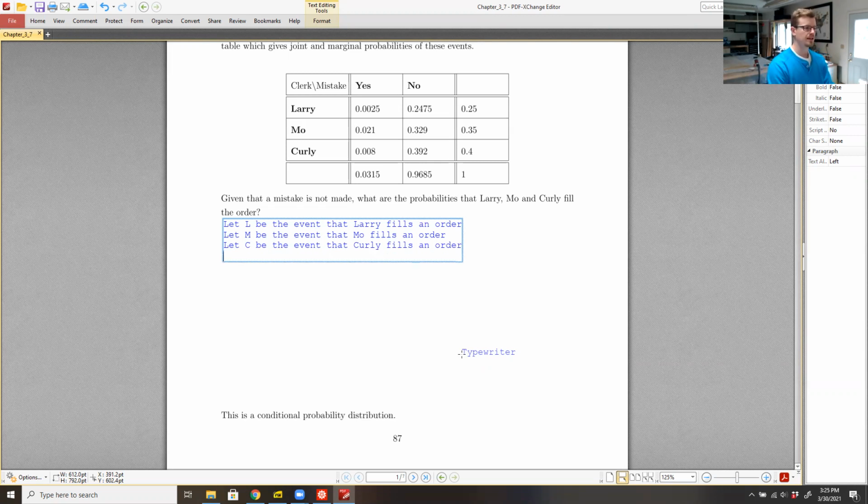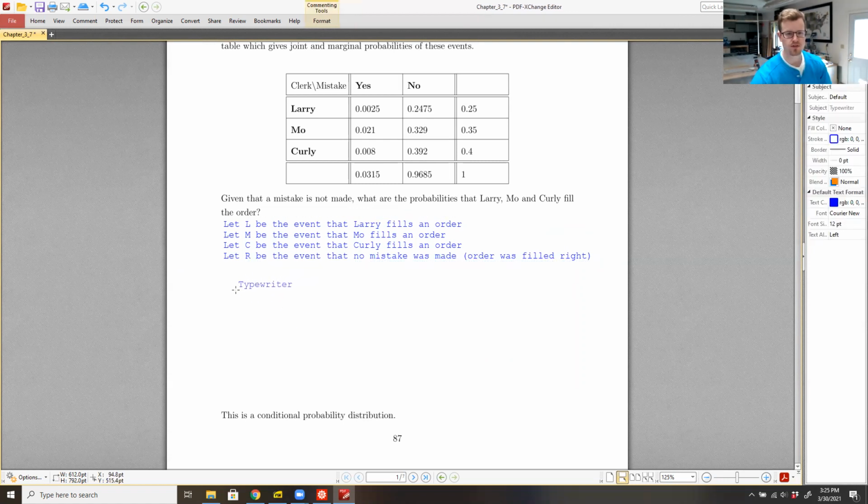And then finally, let R be the event that no mistake was made. In this case, the order was filled right. That's all that we're trying to say there, to make sense of the use of the letter R for the event.